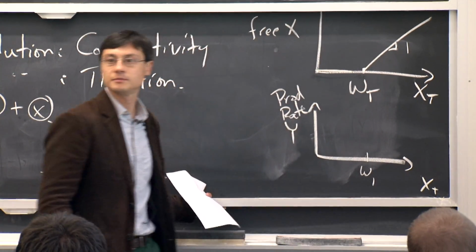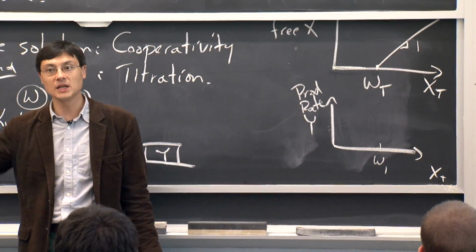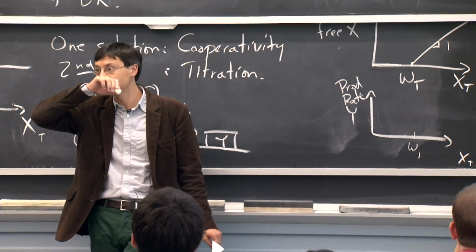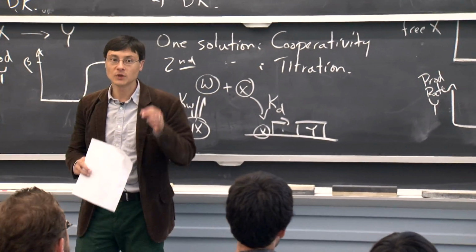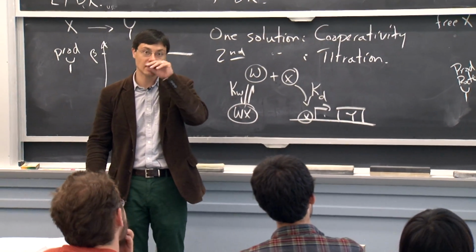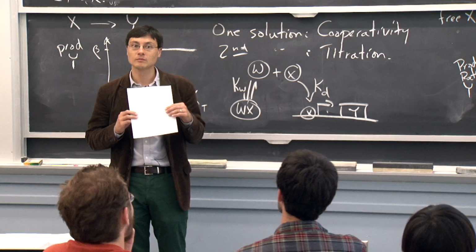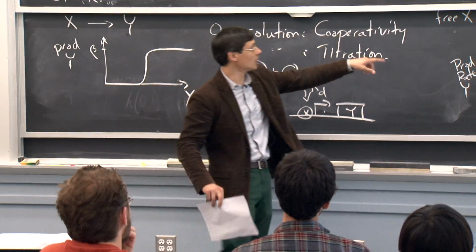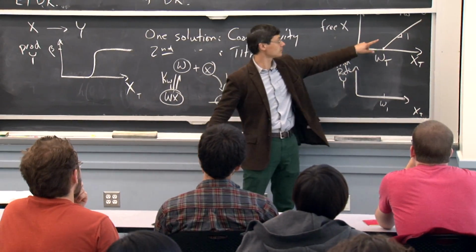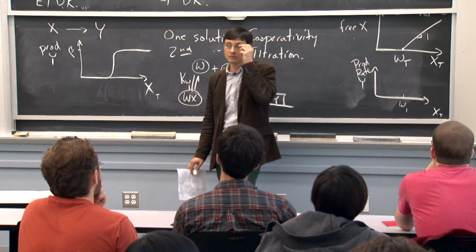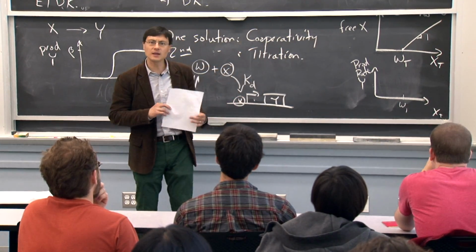How is it going to come up? Does it immediately come all the way up to maximal? No. What determines how rapidly that's going to happen? The concentration of free X. And we actually know what the concentration of free X is here now. It's the KD of the binding.